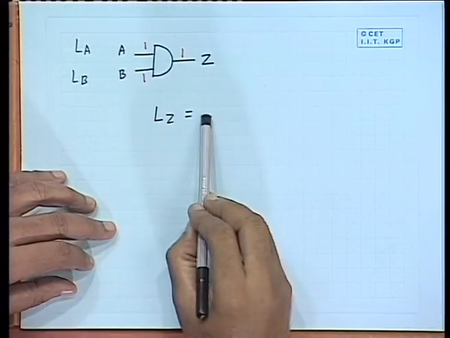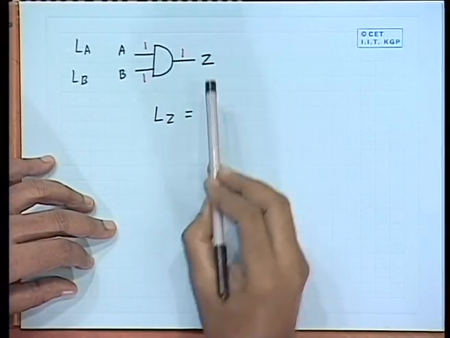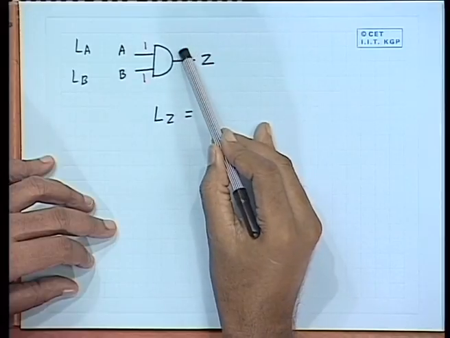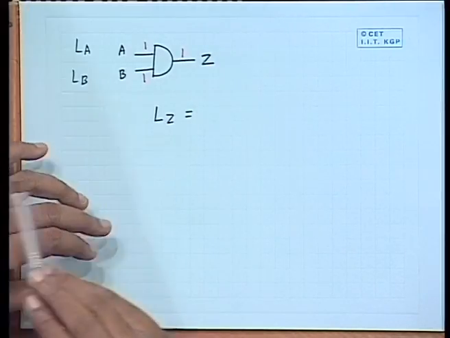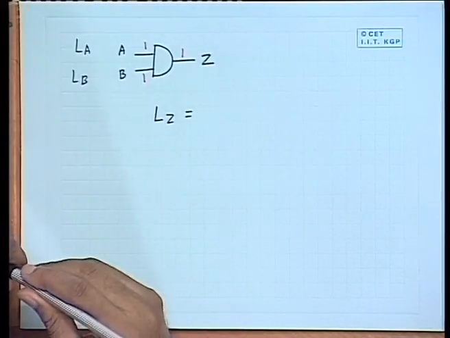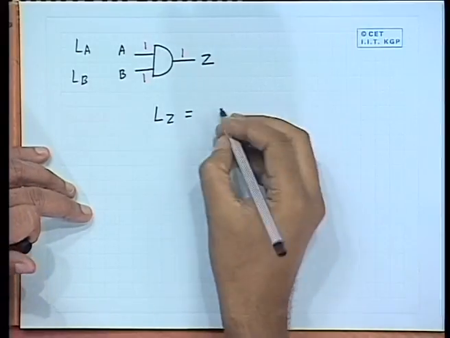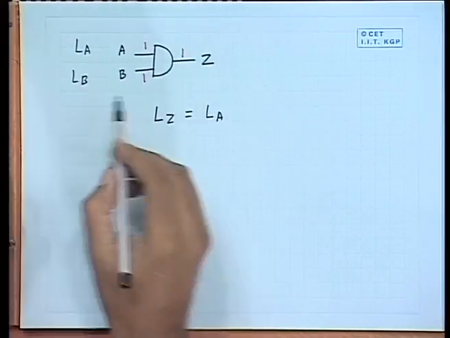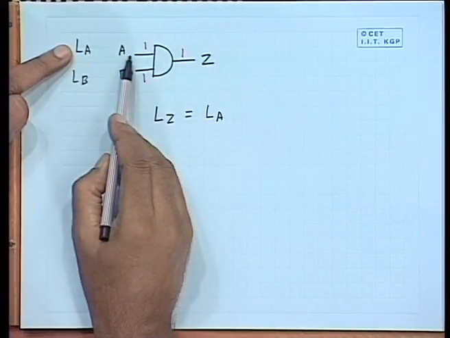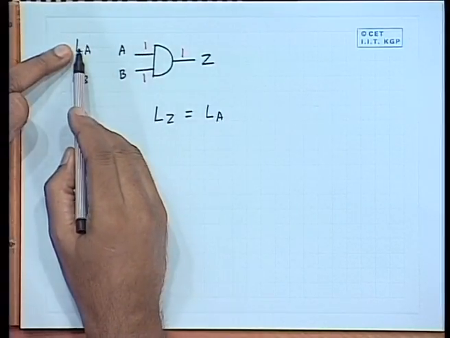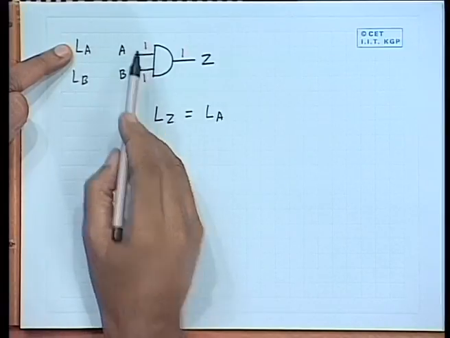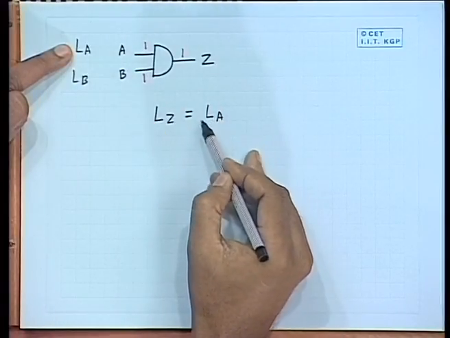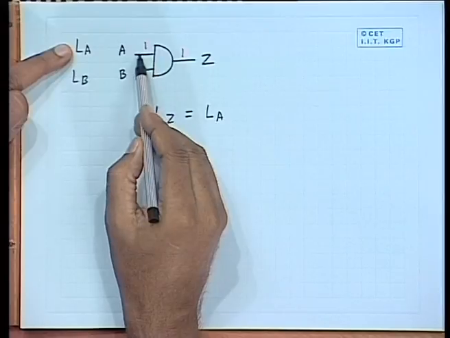In LZ, we will have all the faults which will change the output logic value to 0. So, actually what are the things that may change? First is LA, because the correct value of A was 1, and if any of these faults occur it will change this value. So, LA means those set of faults which will change the line A to 0.